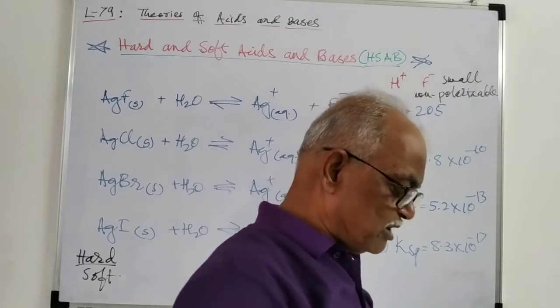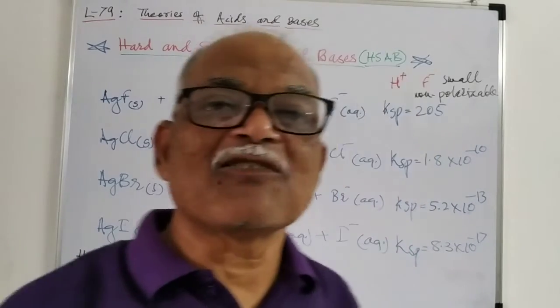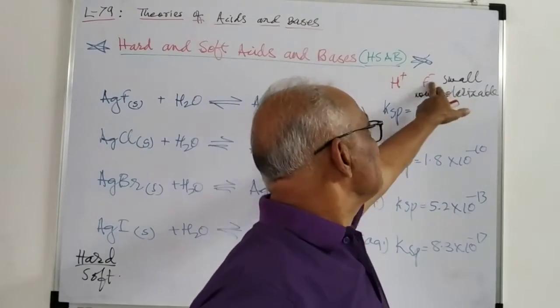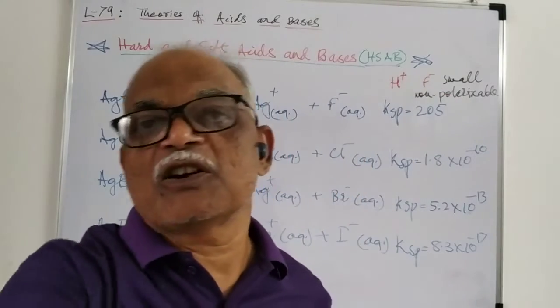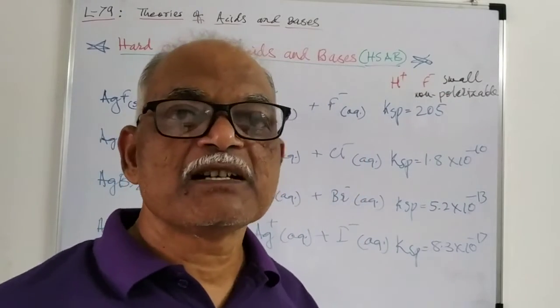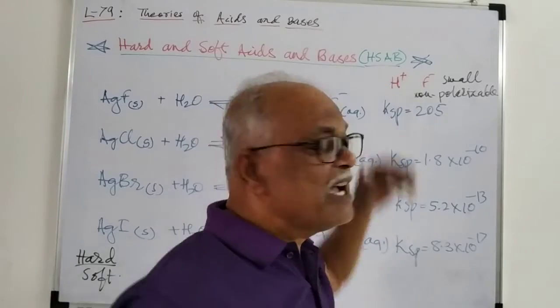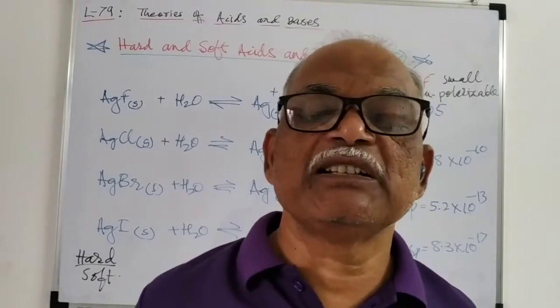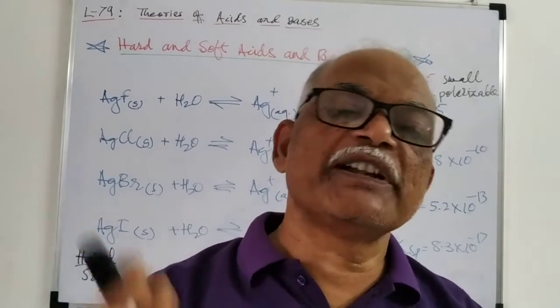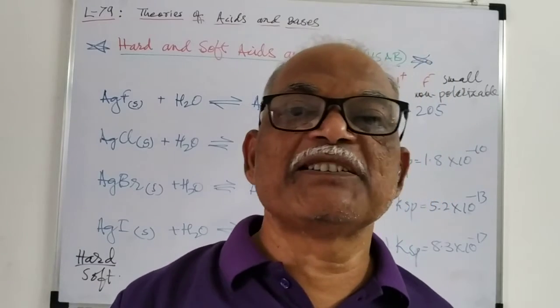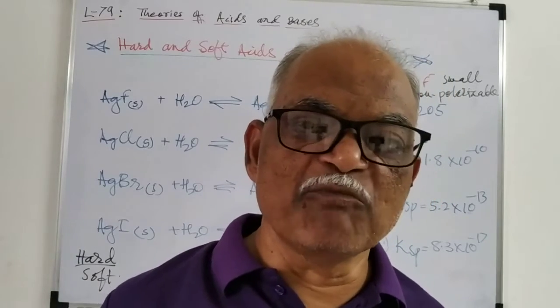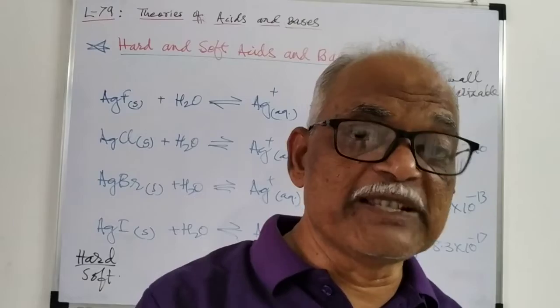This means we cannot add any more electrons here, or remove any electron from F minus. Similarly, H plus is also highly stable. It needs no electron, and it cannot donate electrons anymore. So these are called hard species.